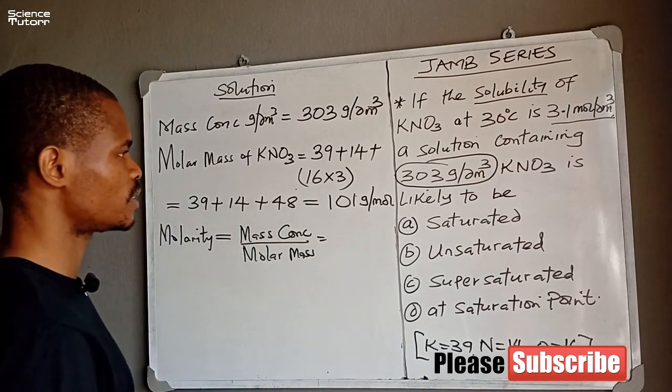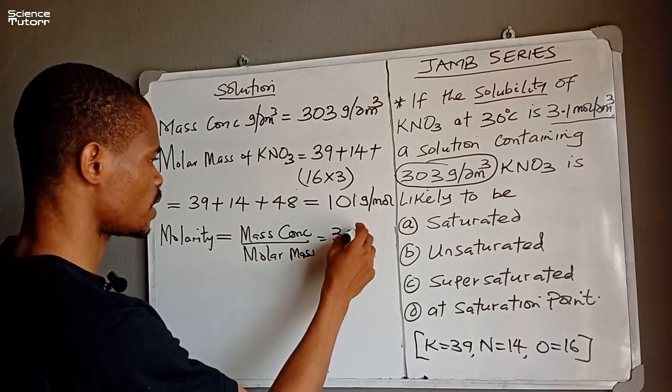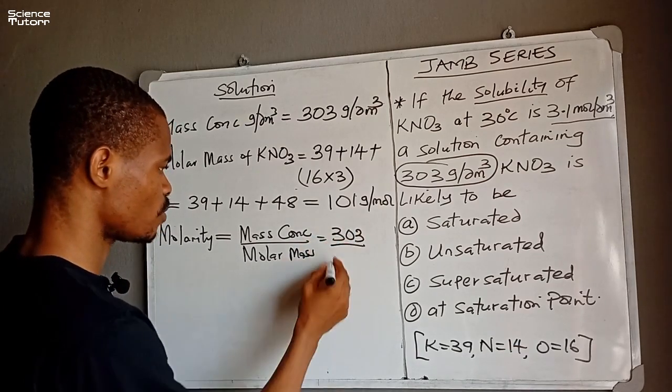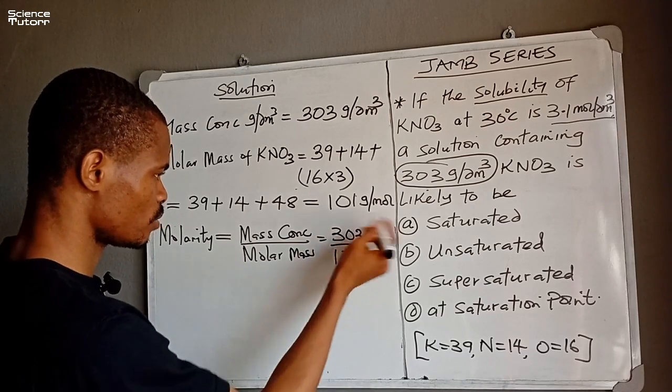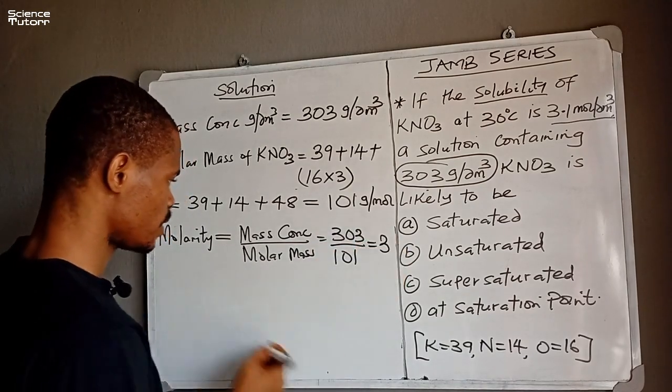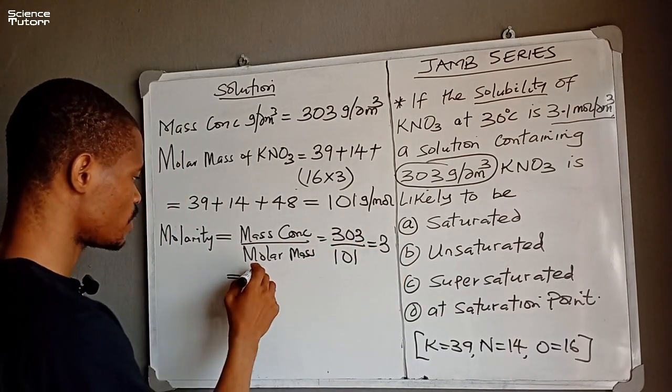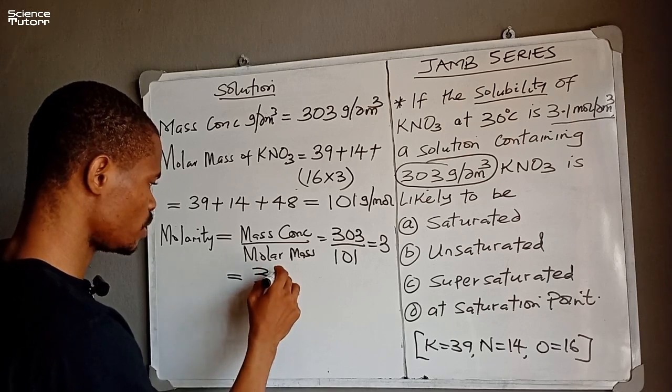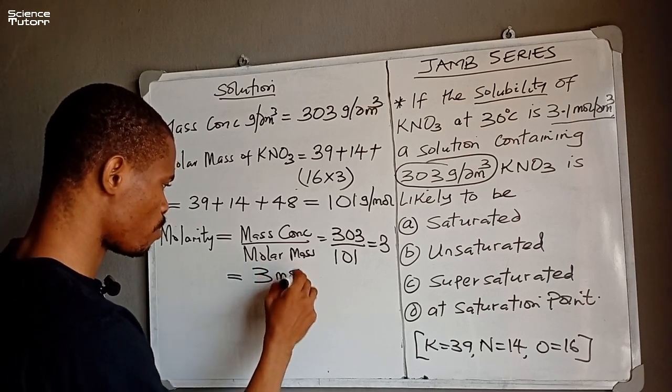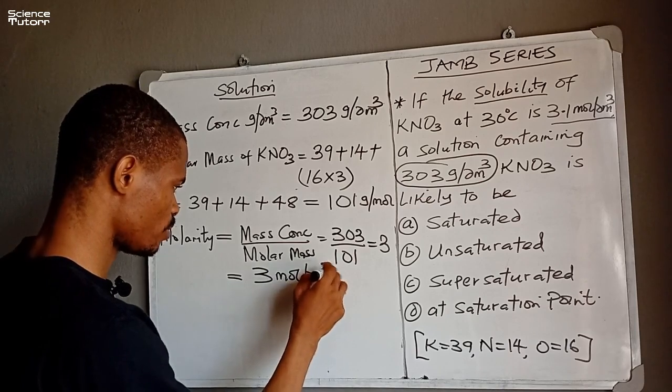Mass concentration in this case is 303 divided by 101, giving us 3. So at the end of the day, we have molarity to be 3 mole per dm cube.